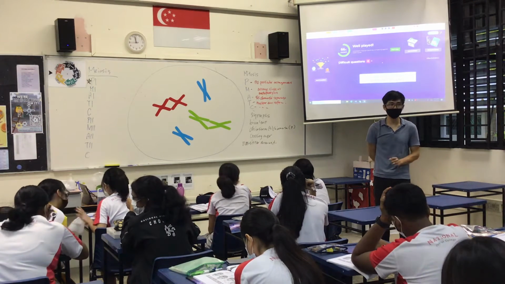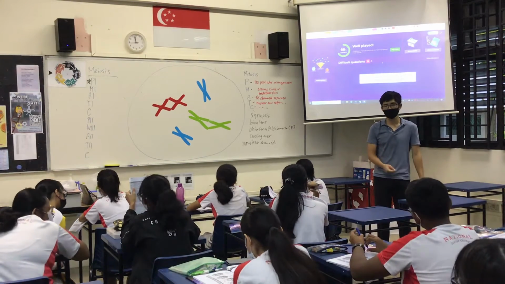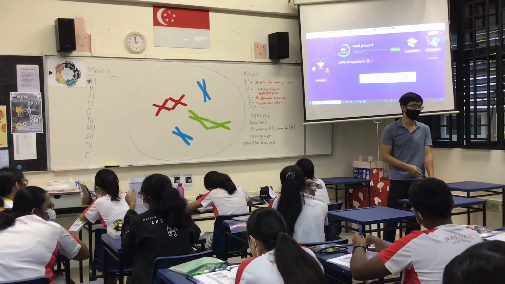For a start, if you don't know how to use these terms yet, read your textbook. I think it's important to see if you understand the meaning of it. Then you don't have to memorize.